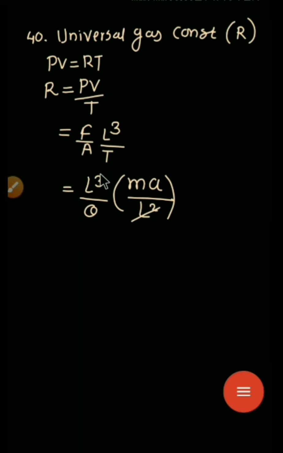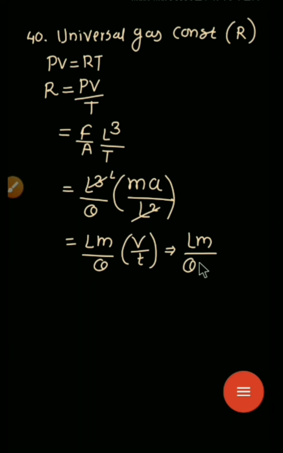If we solve this, we have L m upon theta. Acceleration can be written as velocity upon time, and velocity as displacement upon time, where displacement is length.